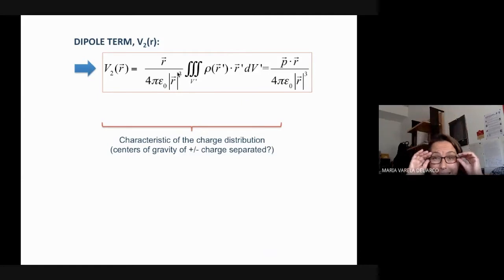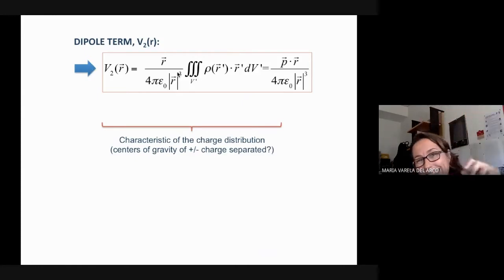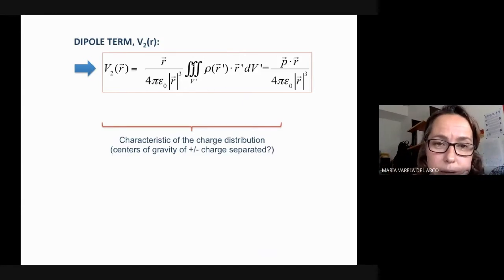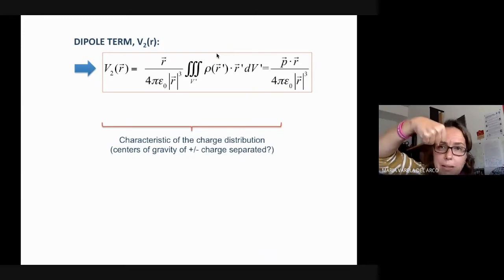So again, this term, the dipolar term, is going to be characteristic of the shape of the charge distribution, and for example, this term tends to be finite, in other words, non-zero, in situations where the centers of mass of positive and negative charge are separated from each other. And then a dipole moment appears going, remember, from one charge to the other one.